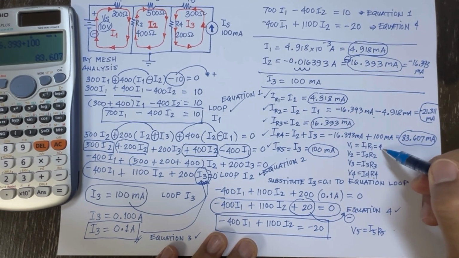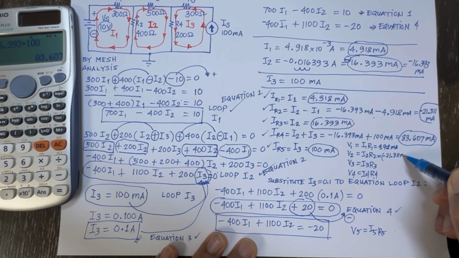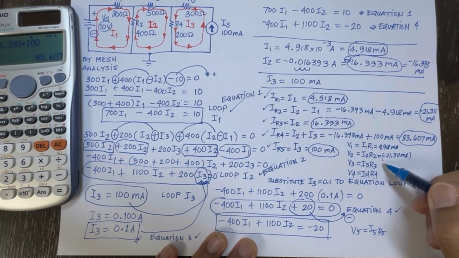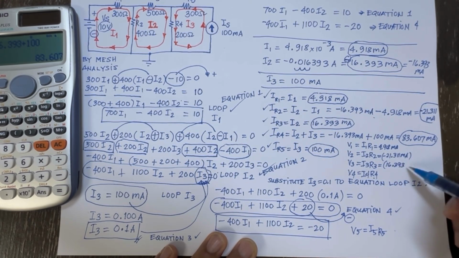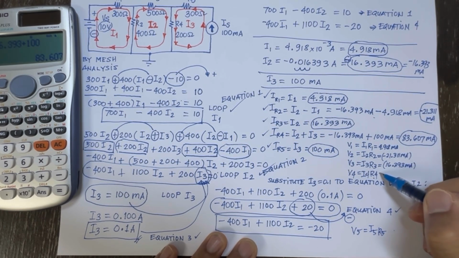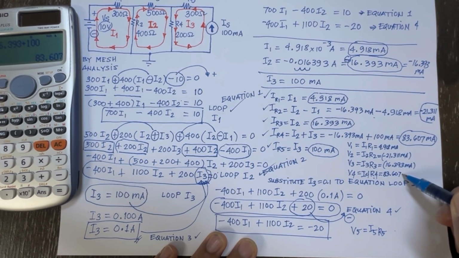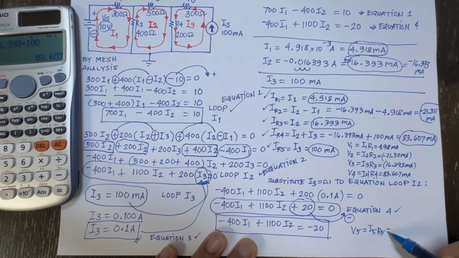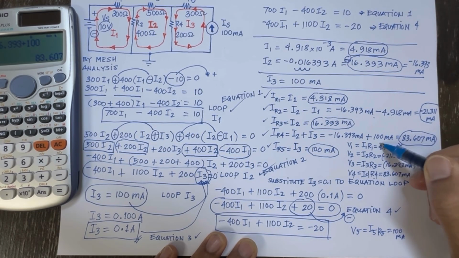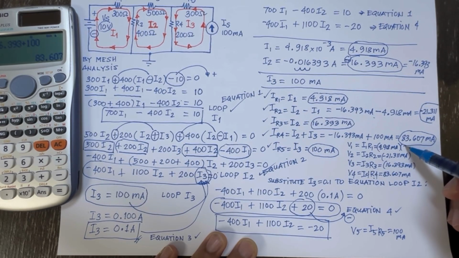Now substituting the values of I1, I2, I3, I4, and I5 on this equation, we can write it either in milliamperes or in amperes. But let us write it all in milliamperes. As you can see here, when we multiply the milliamperes with the ohm, we will be getting millivolts, and expectedly it will be a big number, maybe amounting to thousands of millivolts, and so we have to convert it to volts.